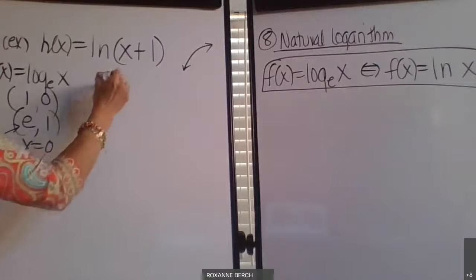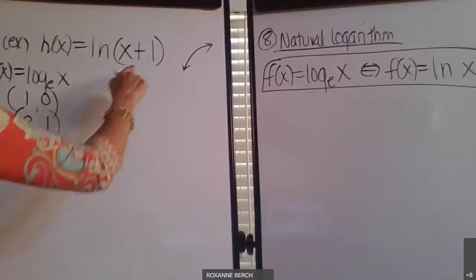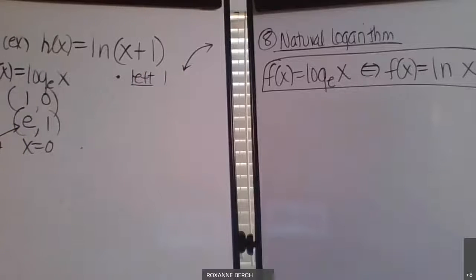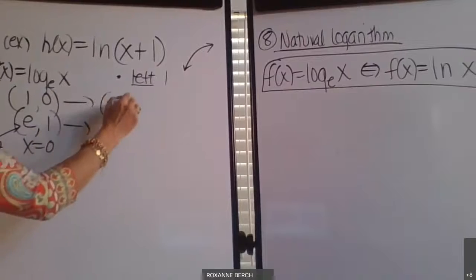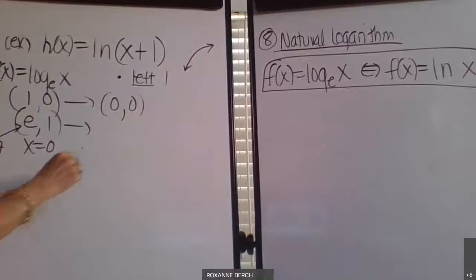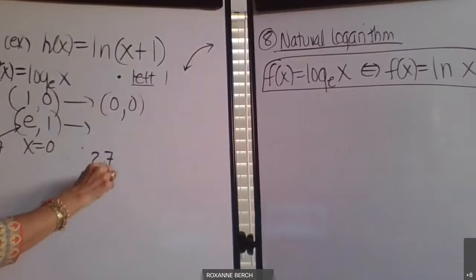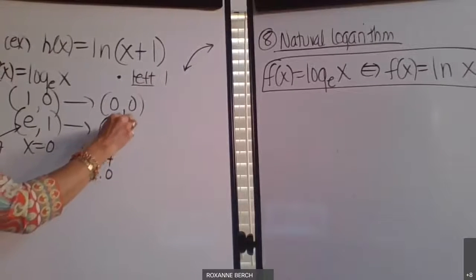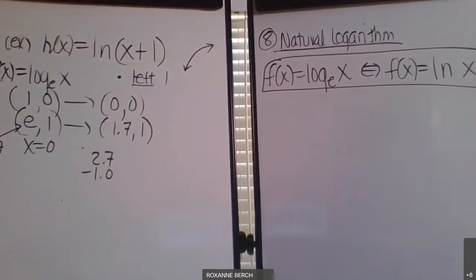Okay, now, this logarithm goes up the y-axis like the log logarithm. State the transformation. Left 1. So you're going to move this guy. Left 1 would be 0. Left 1. Now, isn't this 2.7 minus 1.0? So wouldn't this be 1.7? Yes or no?